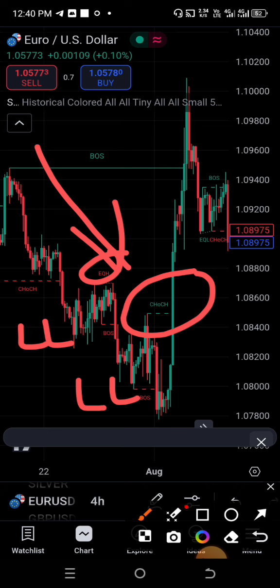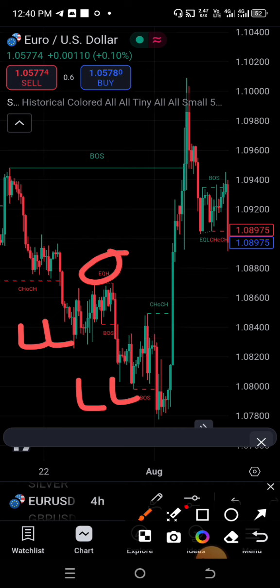But at this particular point, the previous lower high was broken. The previous lower high here was broken by market price. You can see this long candle breaking it to the upward side. So when it gets broken to the upward side, we have a change of character there.